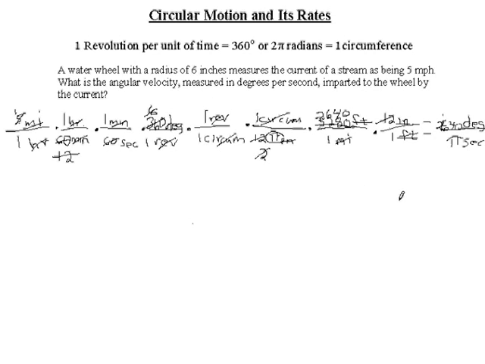Our rates are always measured like miles per 1 hour, so it's always per 1 unit, in this case of time. So let's do the division and put our answer in tenths of a degree.